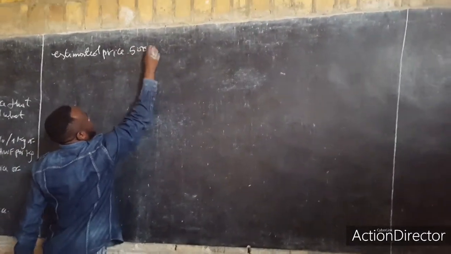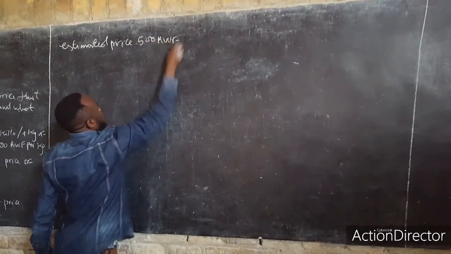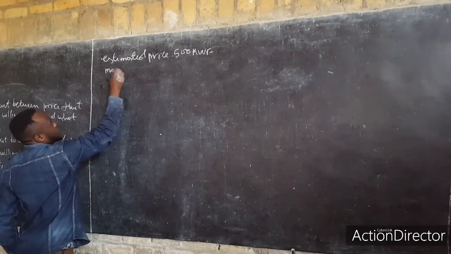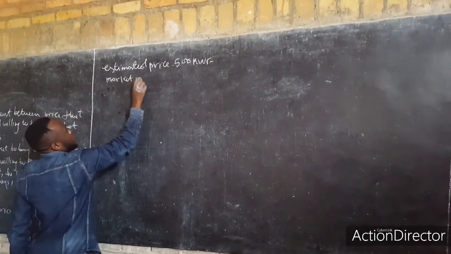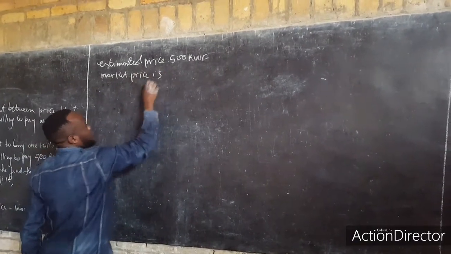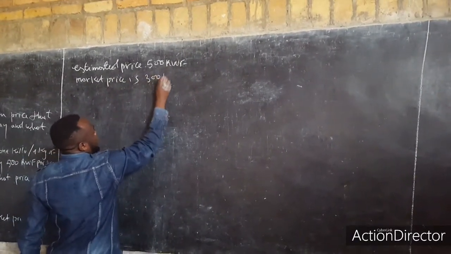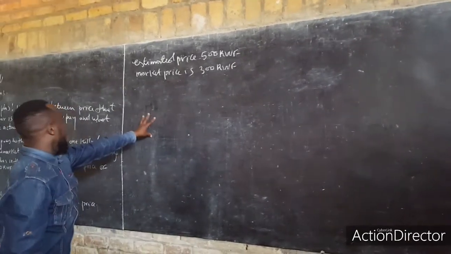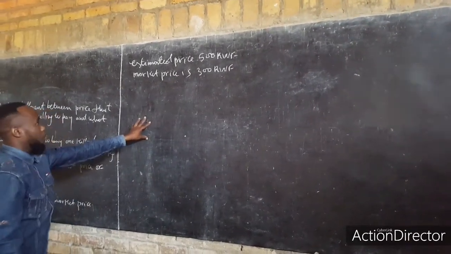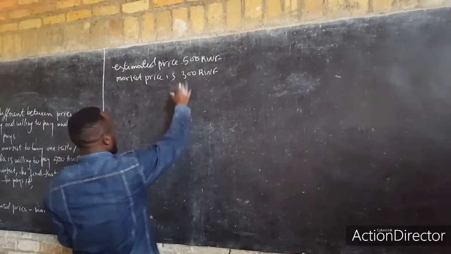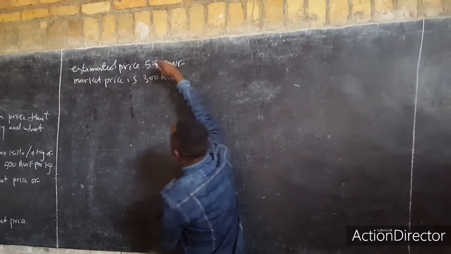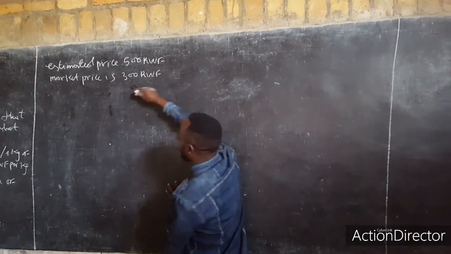Then market price is 300 Rwandan francs. To find consumer surplus, we take estimated price minus market price, meaning that we take 500 minus 300.